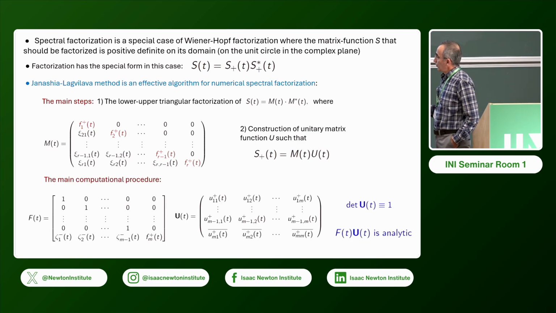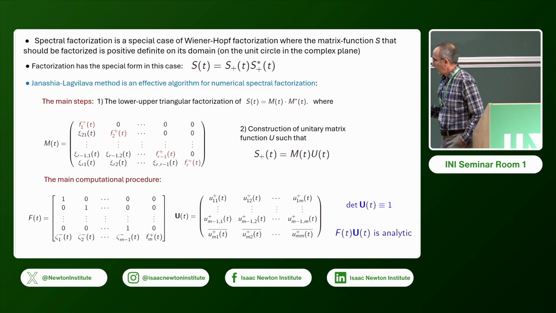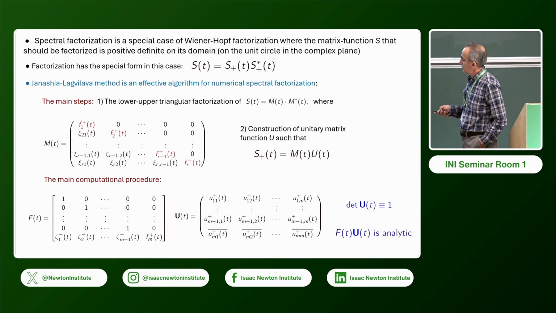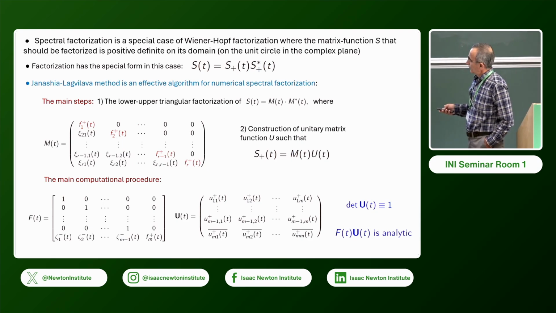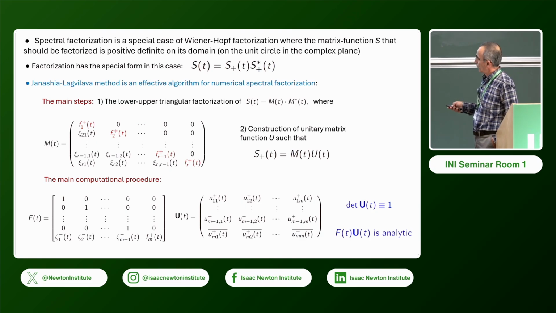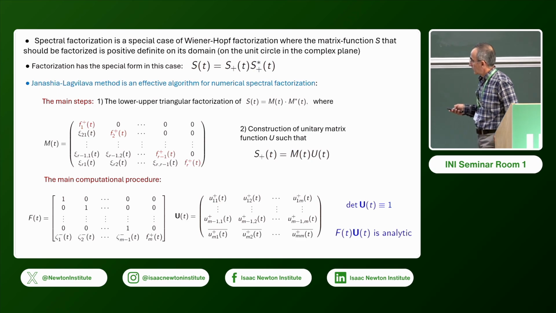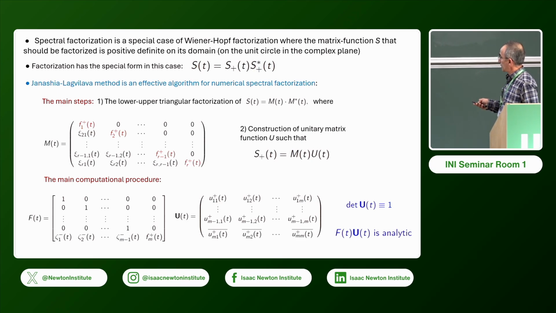The basic computational procedure is this theorem: when we have such a special matrix that coincides with the identity matrix, and the last row consists of these entries, where some are analytic and some are anti-analytic functions, then we construct, numerically and effectively, a unitary matrix of special structure, such that all entries are analytic, the last row is anti-analytic, and the determinant is 0, which makes this product analytic.